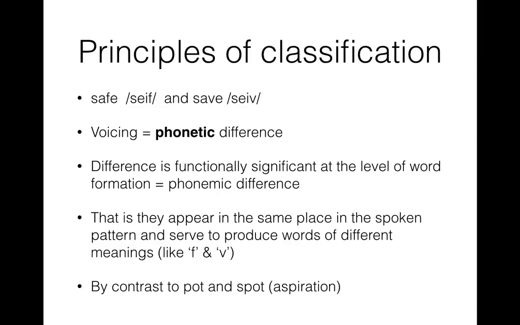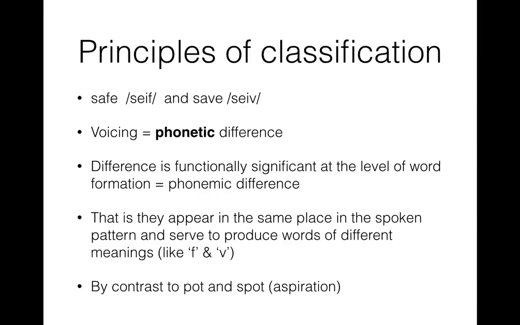Okay? When you are talking about the words safe and save, right? They are almost the same word. The only difference is the last sound. In the first one you have safe, F, voiceless, and in the other one you have save. And because of this, you have different words.